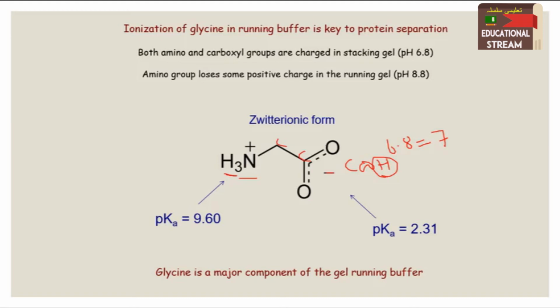But when the pH of the resolving gel is changed, like in the running gel, we use the pH of 8.8. Now the pH is on the basic side. It means that the amino group will lose some positive charge in the running gel.